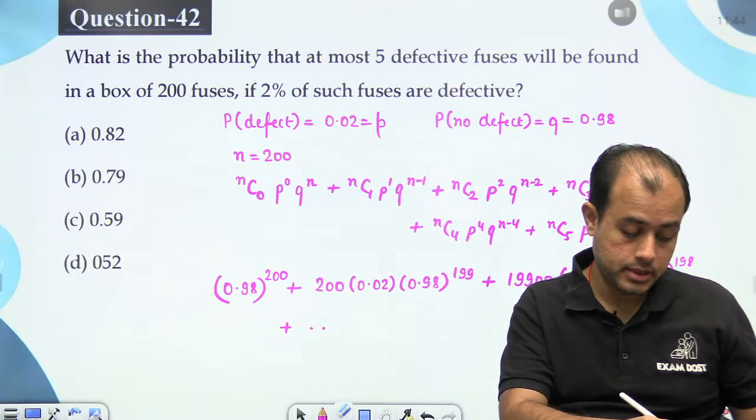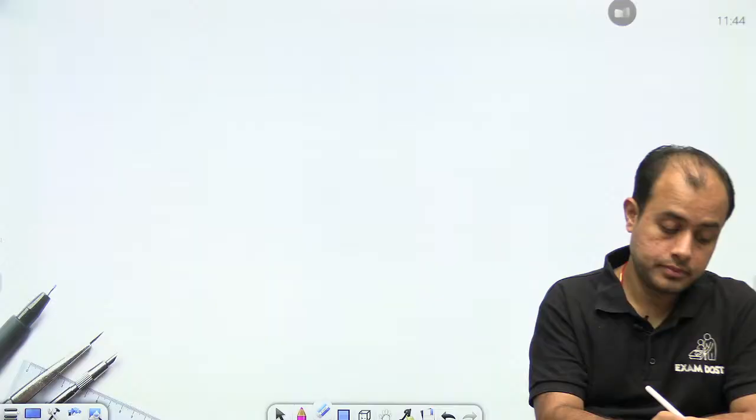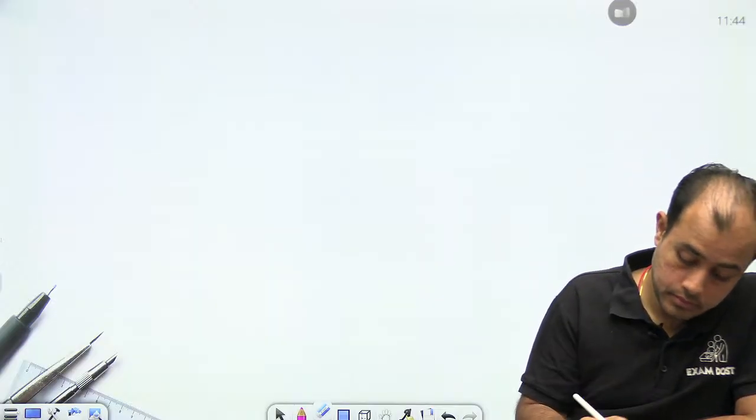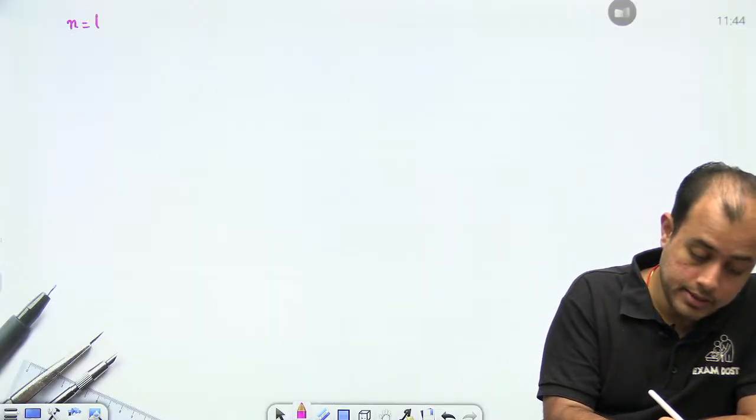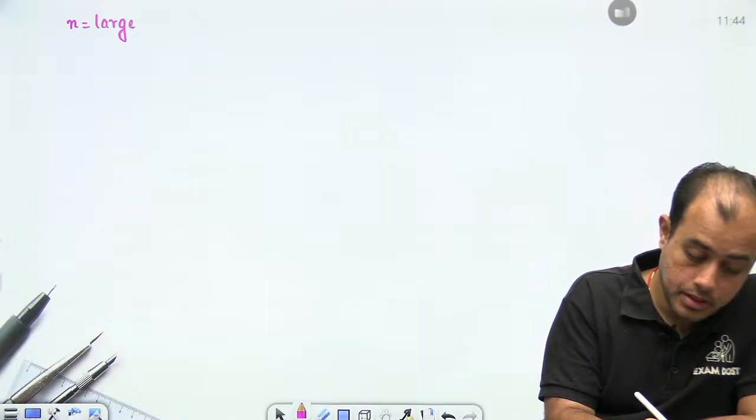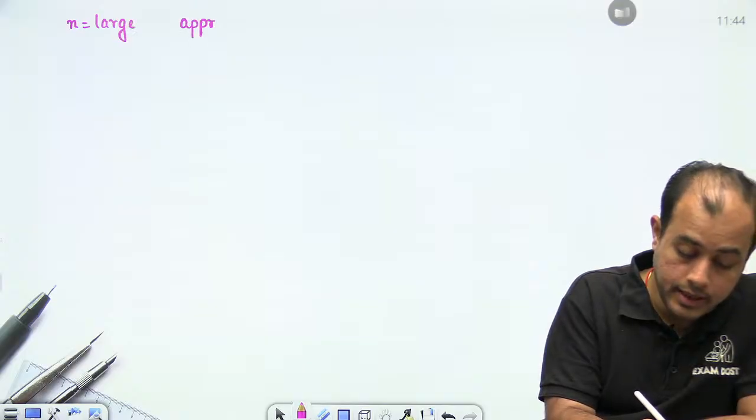There is one more method. If n is large, approximate as Poisson.